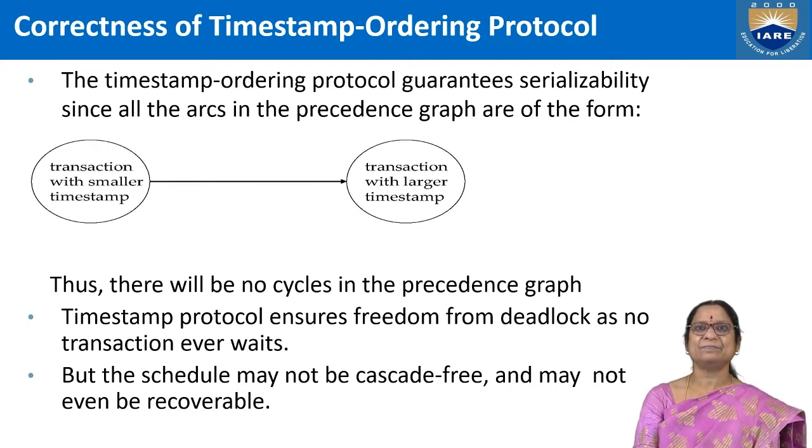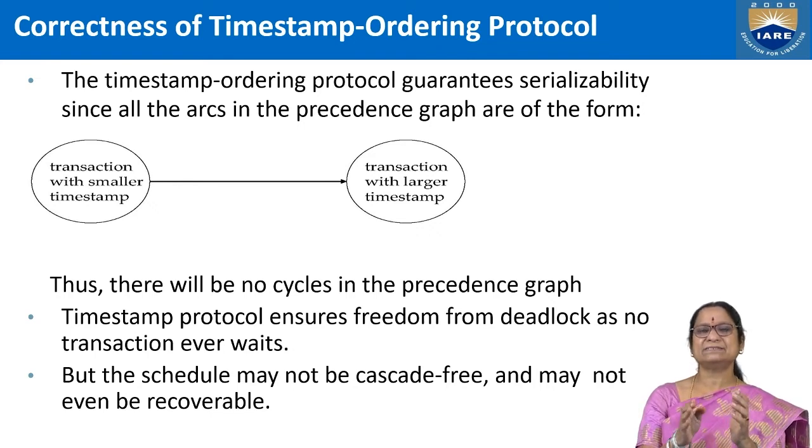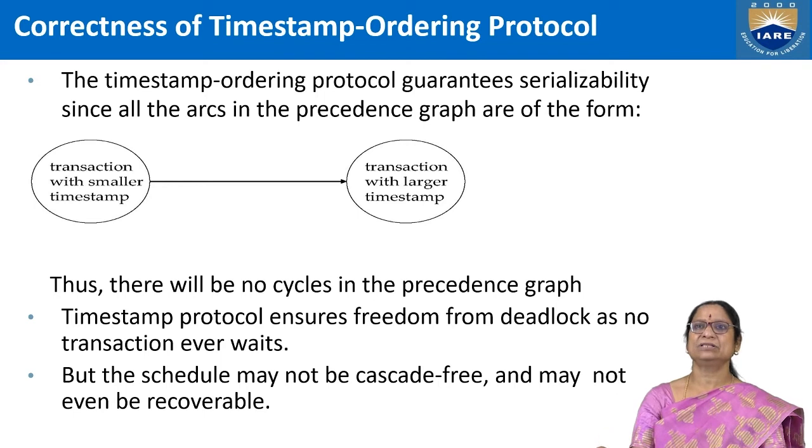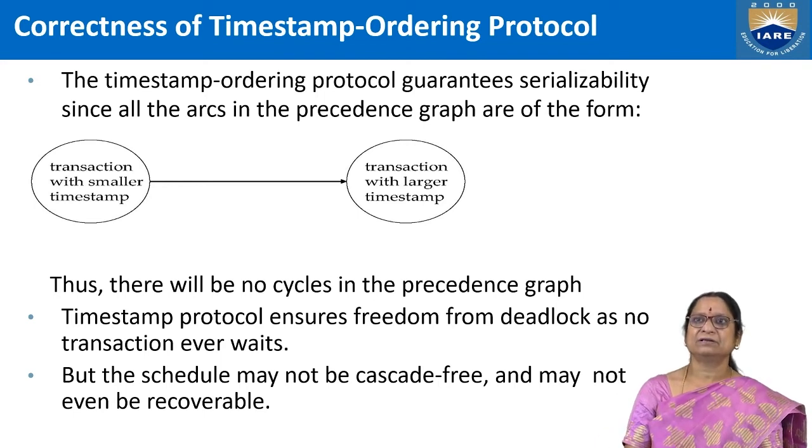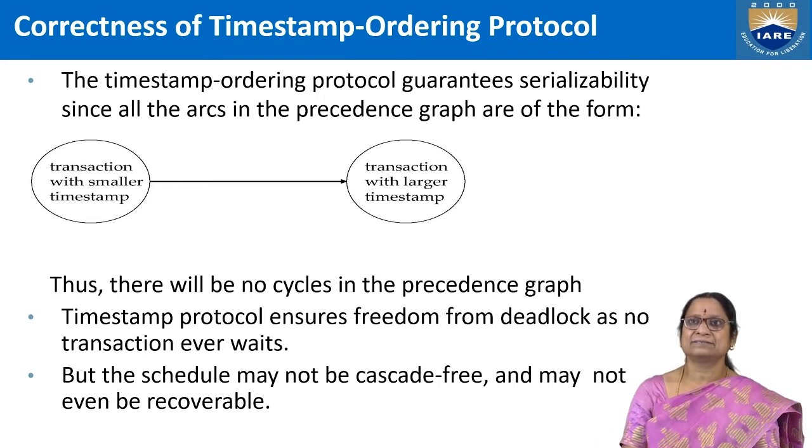That means a write by a larger timestamp happens only after the smaller timestamps have already read or written. All the arcs in the precedence graph will be of this form only: smaller timestamp transactions are connected to larger timestamp transactions with a precedence arrow.